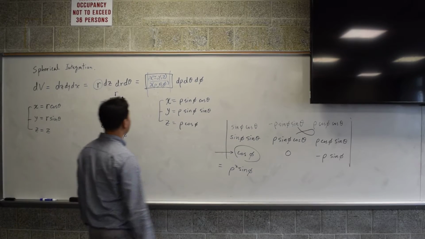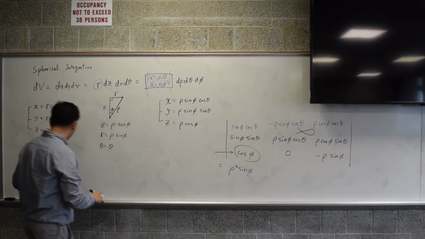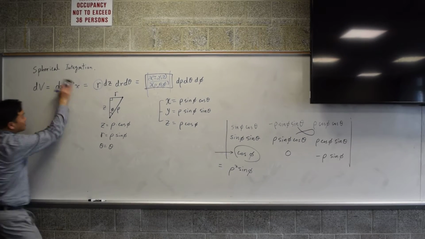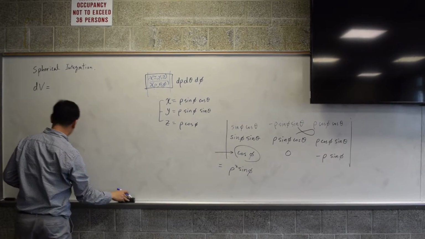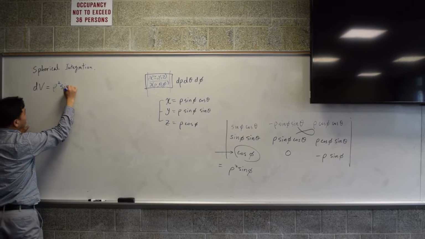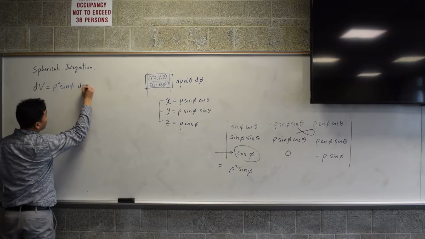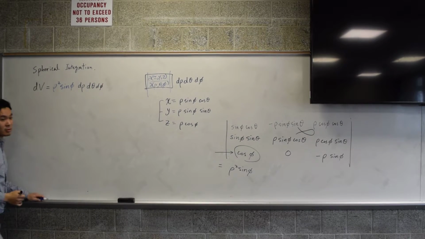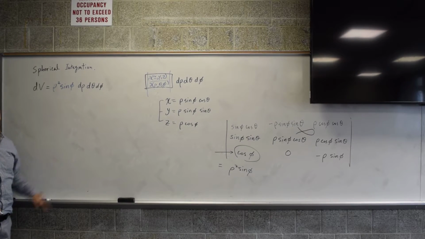So you get this important result, which is that if you write down dV, you get rho squared sine phi times d rho d theta d phi.